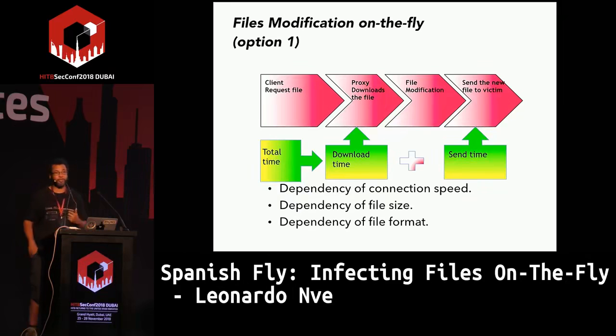So if you are on broadband and the file is not too big, we can accept this. But if it is too big, or your connection is not very fast, for example if the attacker is doing a remote IP attack, that wait time can be detected.